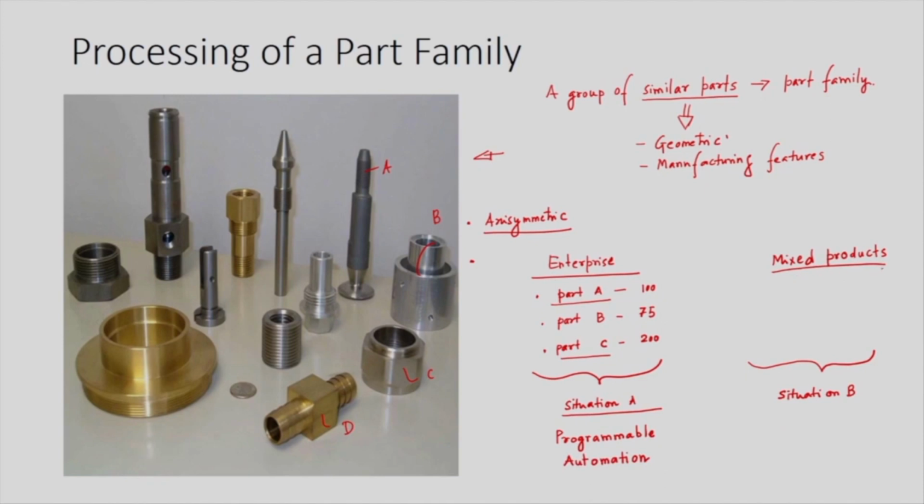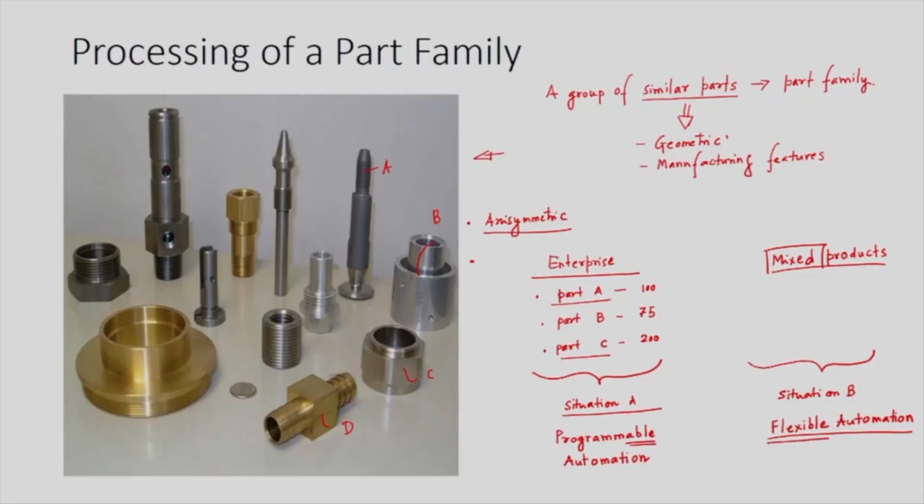Now, since we need equipment which is capable of catering to a part family or the requirement of mixed products, the automation which is incorporated, which is a special case of programmable automation, is called flexible automation. So, flexibility in terms of the type of product. Whatever product is asked to be developed, the automated system should respond to that requirement. That is why it is called flexible automation.